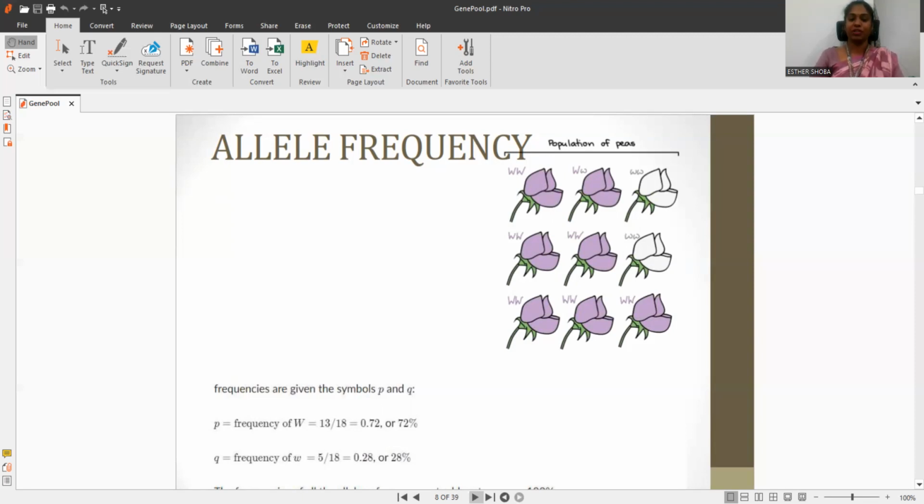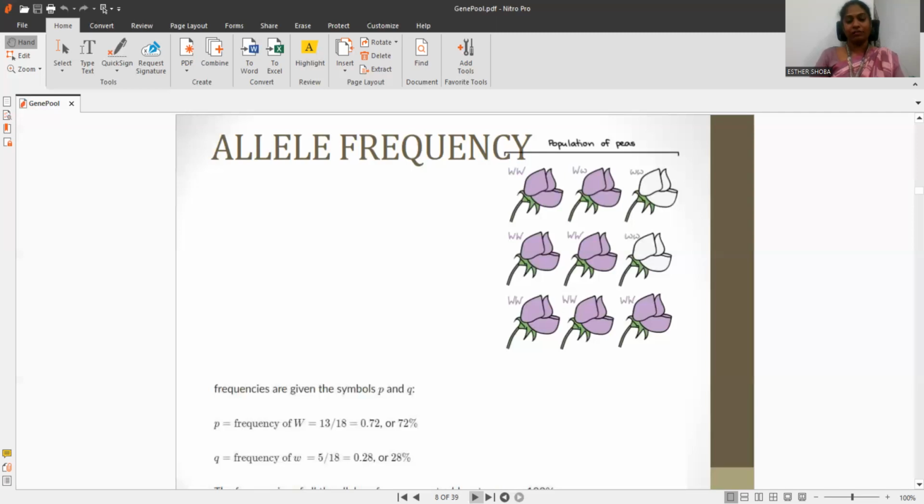Here, this picture shows the dominant form of the gene represented by capital W. And the white color of the flower is mainly because of the recessive form, which is represented by what? A recessive form, meaning a small letter w. So now when we try to calculate the allele frequencies, we usually see that.